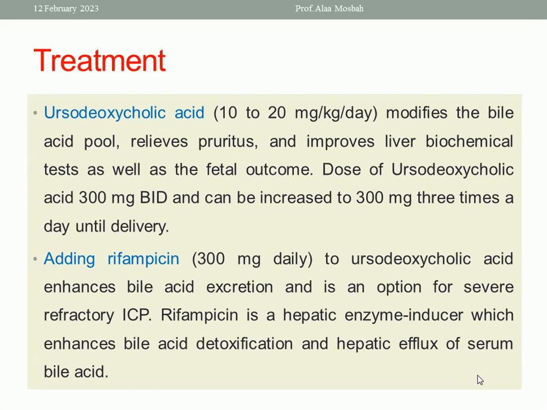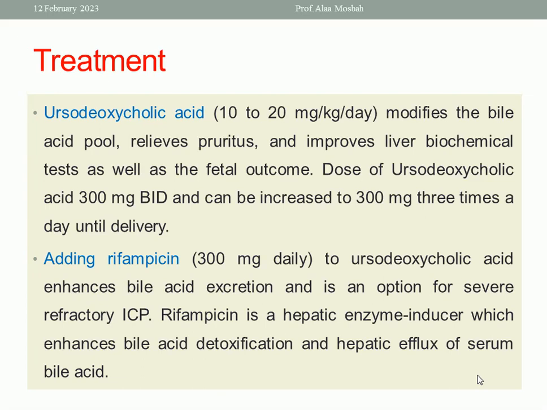Some obstetricians found cases refractory to treatment with ursodeoxycholic acid and severe cases. In such a condition, you can add rifampicin 300 milligram daily to ursodeoxycholic acid to enhance bile acid excretion.